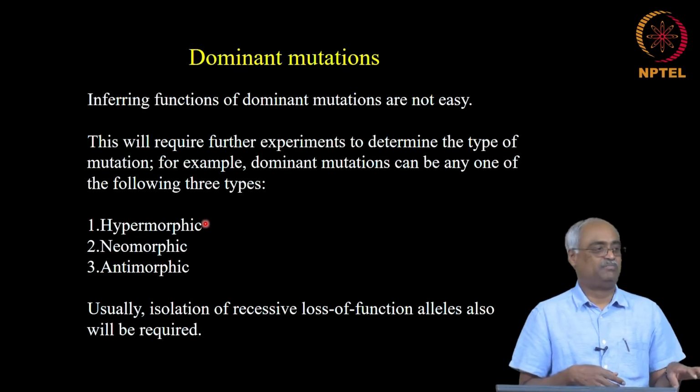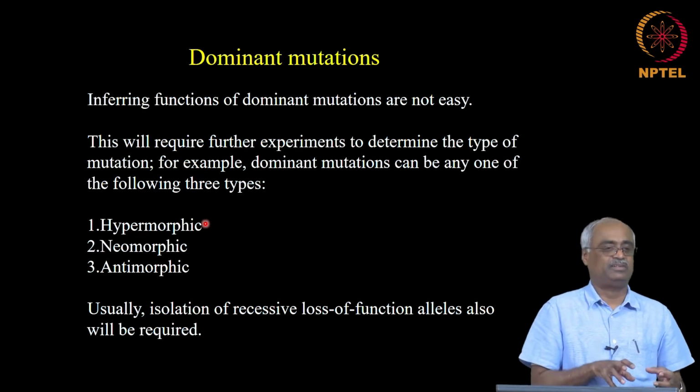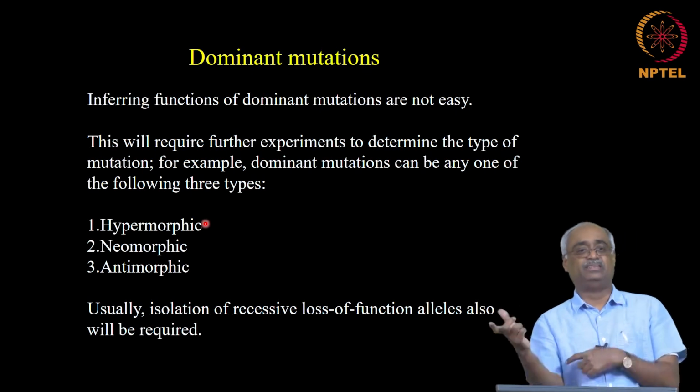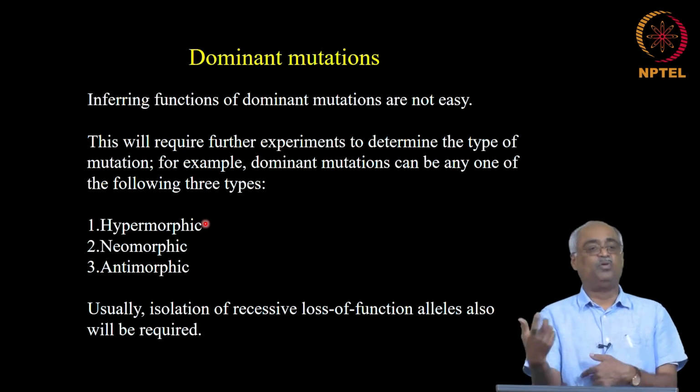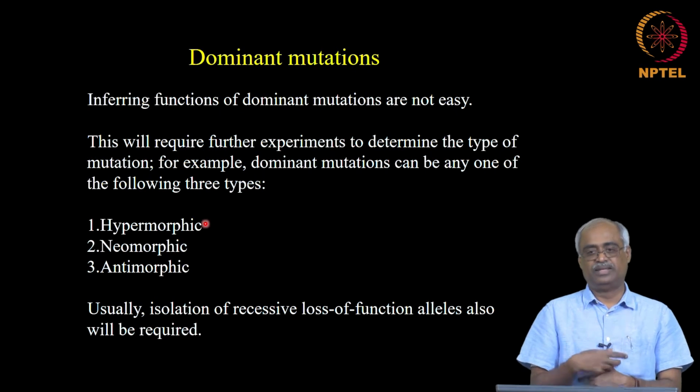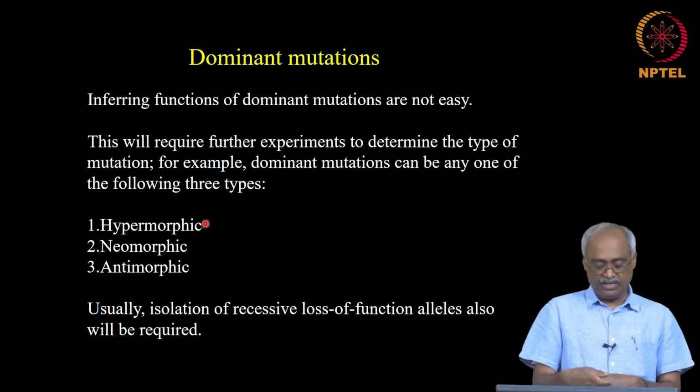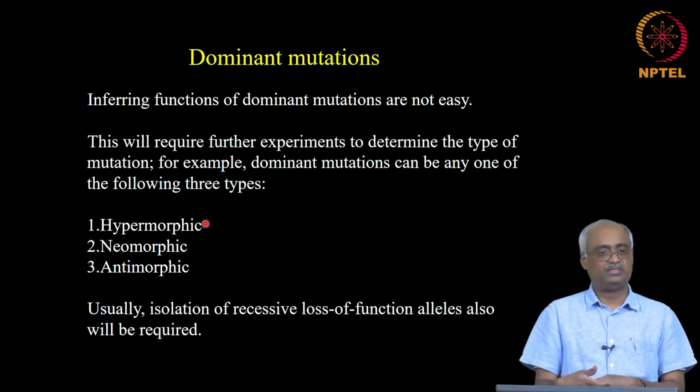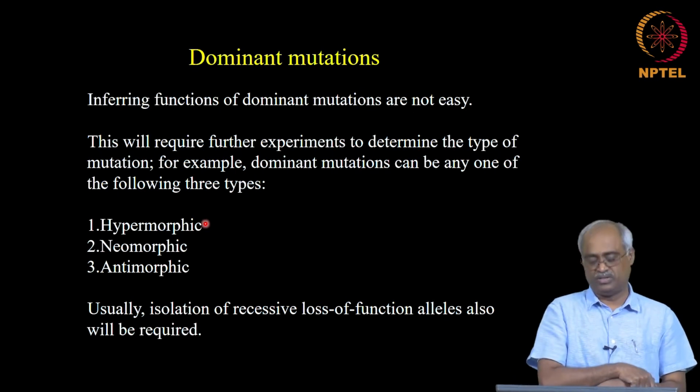Normally it probably suppresses something, but the mutant version is not 0, instead it is promoting that. So, that is antimorphic. The dominant allele could be any one of these 3, and unless you identify which one, you cannot immediately conclude from the observed phenotype.